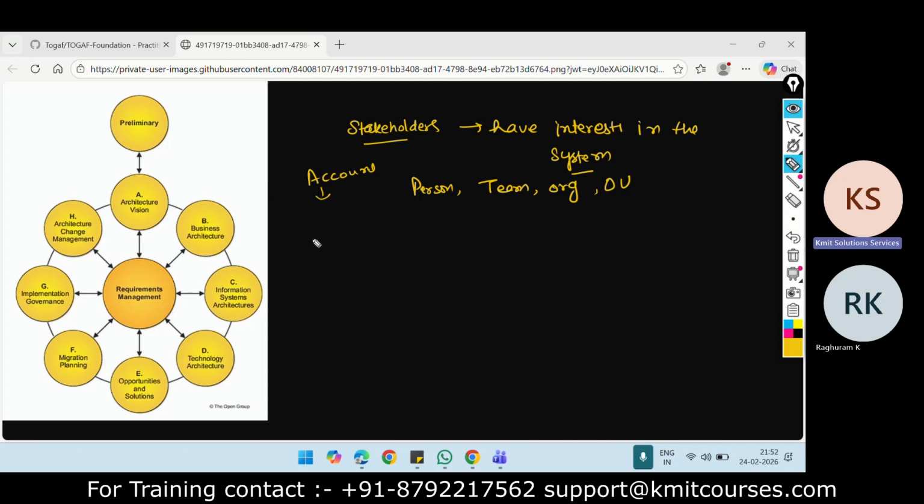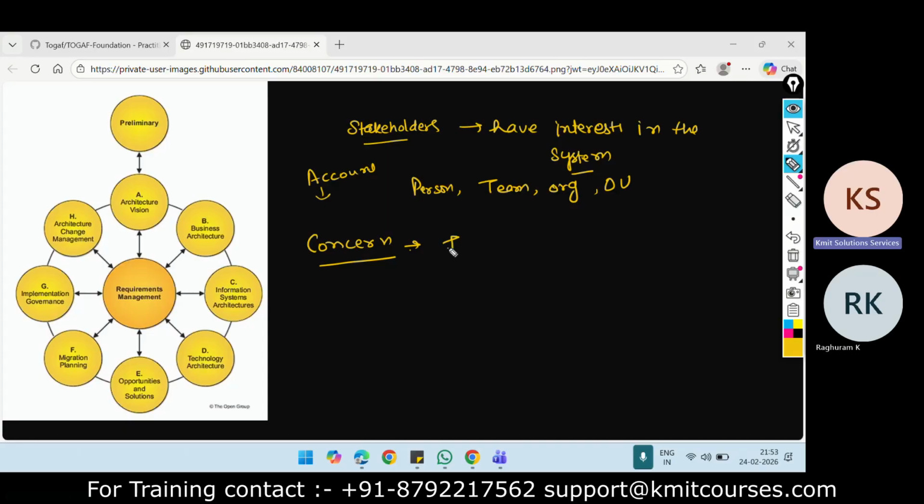The next term used is concern. Concern represents aspects during development or functioning of the system, such as performance, reliability, security, etc. So those are called concerns.